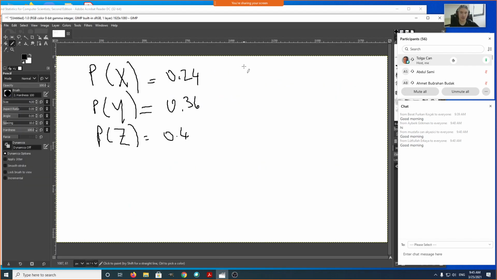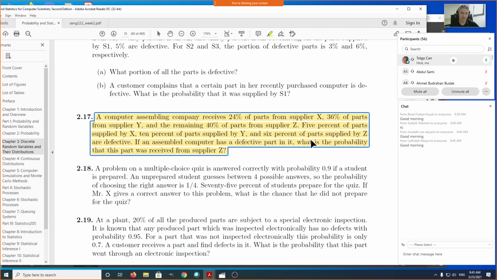Basically, let's denote the event where a part is defective as PD. So PD is the event that a part will be defective.